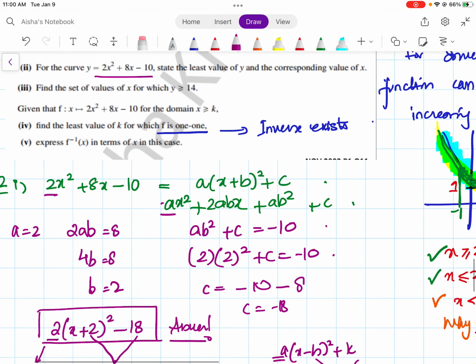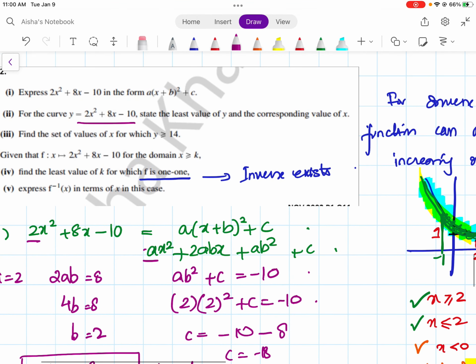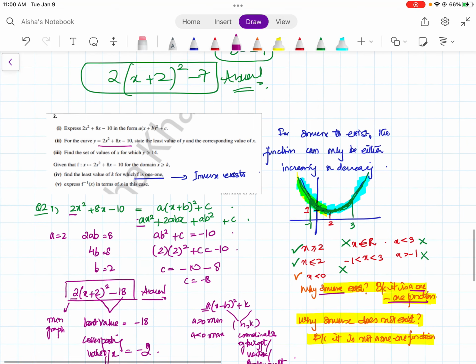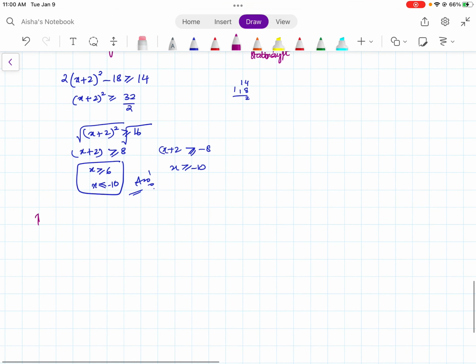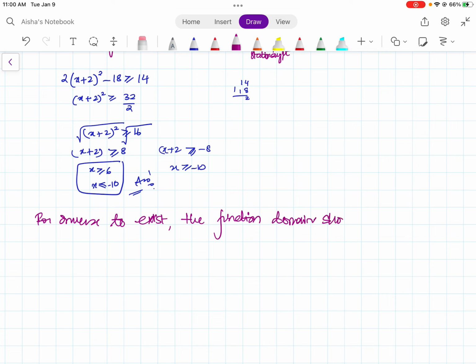Find the least value of k for which f is 1 to 1, meaning inverse exists. So for inverse to exist, the function domain should either start or stop at the turning point. It should not cross it.